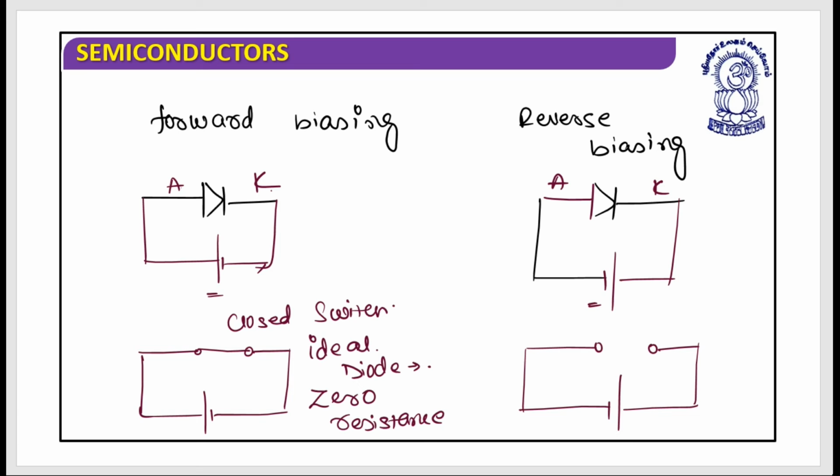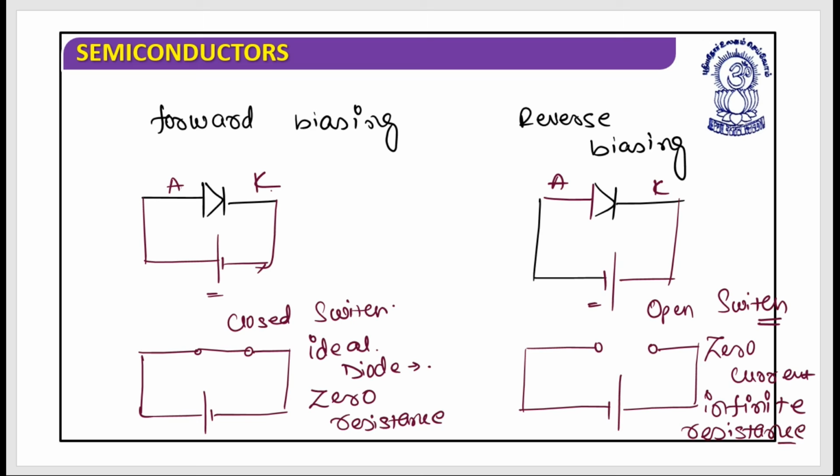It means it's an open switch, and when I say it's an open switch, it is zero current, or I should say infinite resistance. Is it clear?